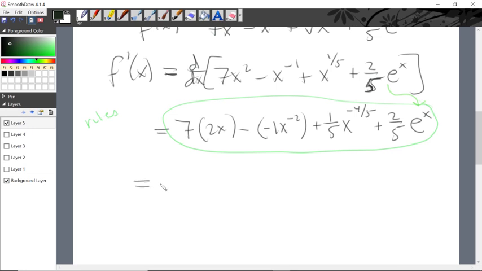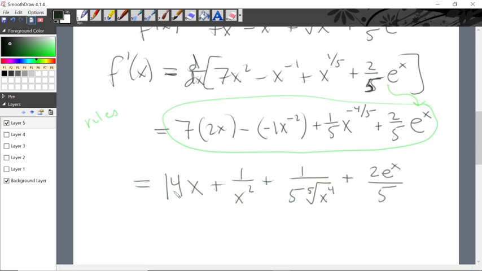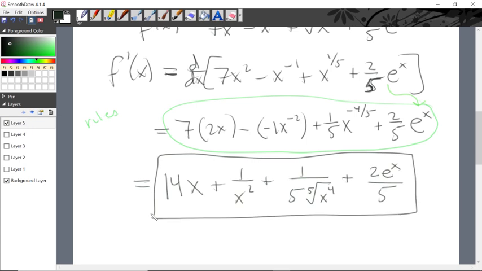As far as a simplification, this is 14x plus 1 over x squared plus 1 over 5, let's say 5th root of x to the 4th, or just x to the 4/5, and then plus 2e to the x over 5. So that could be one way that we have it written if we looked at a solution key, for example.